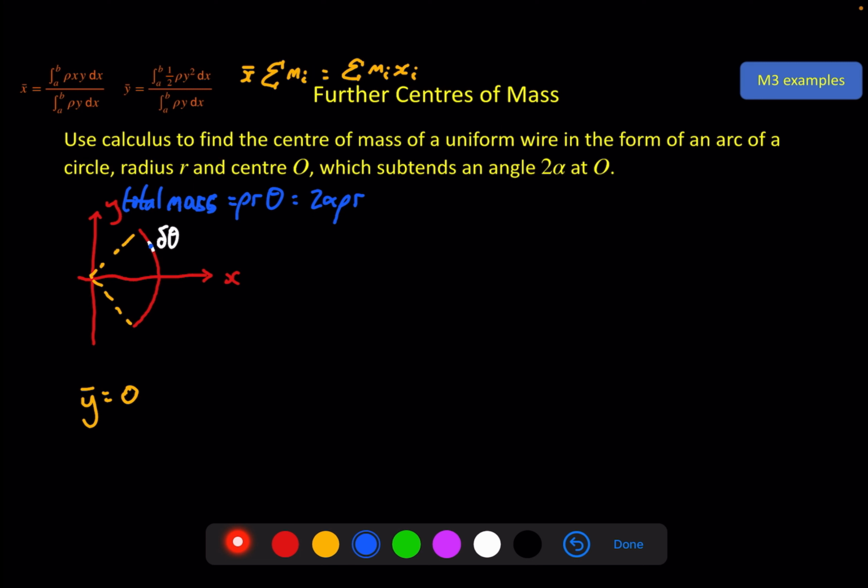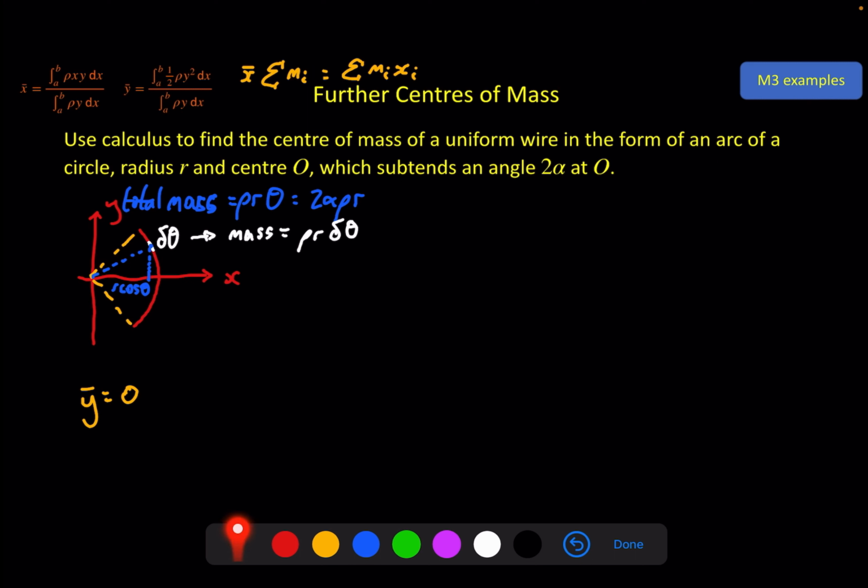And the centre of mass obviously is going to be at that point. So that's still going to be r there. The x-coordinate of that centre of mass then will be r cosine theta. And the r won't change, but the theta will as we go along the arc. So the mass for this little section here is going to be rho r times delta theta.